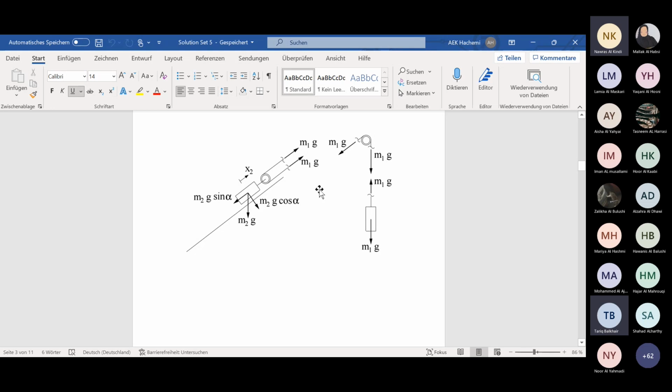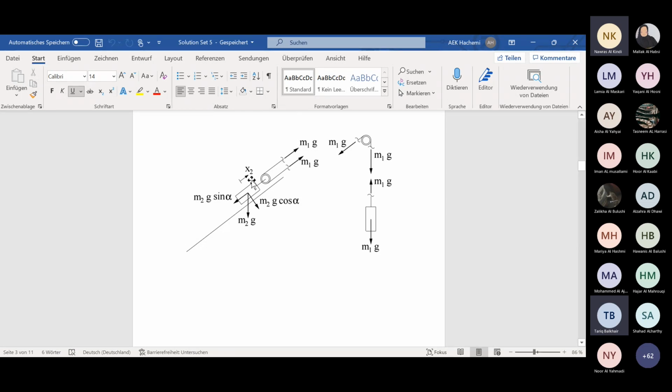When we look at this system, only this part for the mass M2, the equilibrium is that in static we make the sum of the forces equal to zero. In static, that means there is no motion. Then the sum of forces is equal to zero.